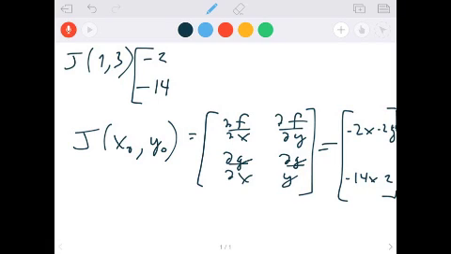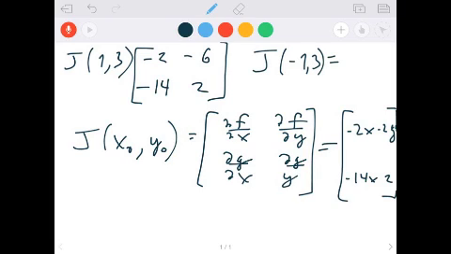And then for y, you should get negative 6 and 2. That is for one of them, and the other one is negative 1, 3. Putting negative 1 in, you get 2 and positive 14. Y is the same, so negative 6 and 2 over here.